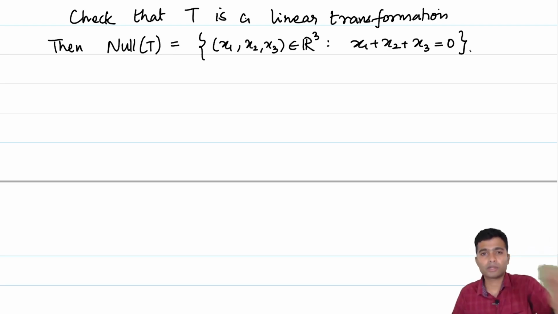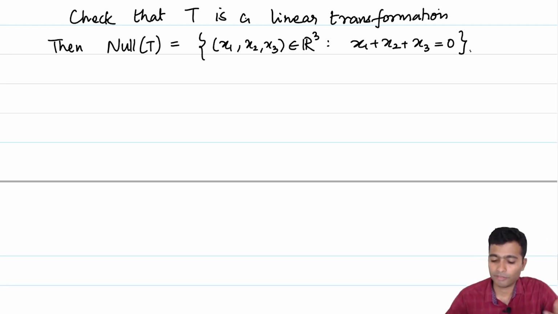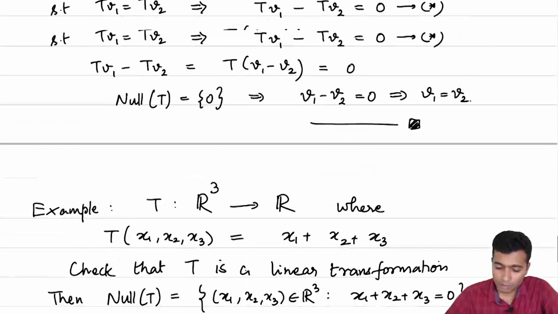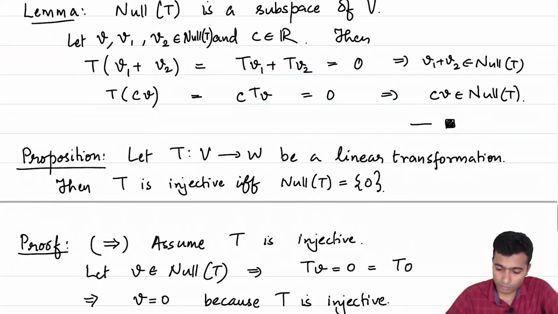If you go back two or three lectures, we had explicitly studied this vector subspace of R3. In fact, we had even computed a basis for this particular vector subspace. Alright, so that is about the null space of T.